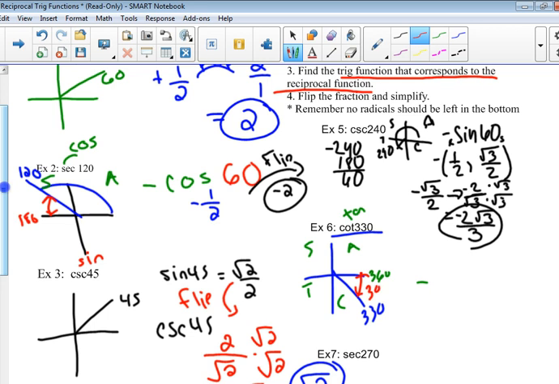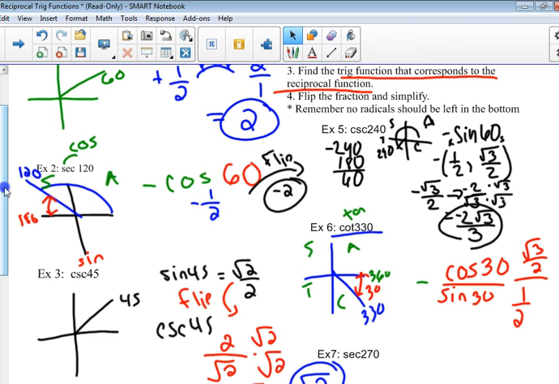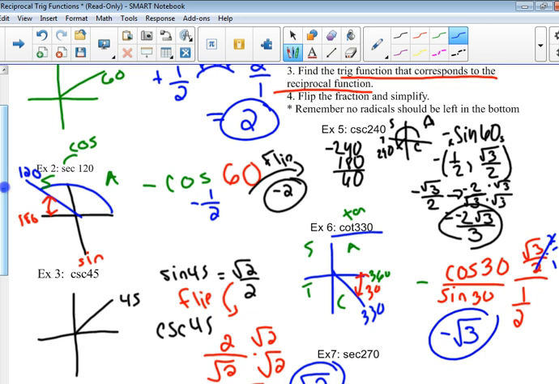So if you don't know the tangent, it might be easier to go for the cosine over the sine, or you could do the tangent and flip it. It's up to you. So if you did radical 3 over 2 over 1/2, and we did our copy, change, flip, we should just be getting negative radical 3 here. How was that? Most of you guys remember okay?